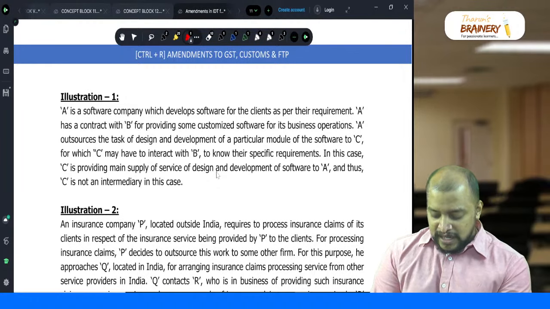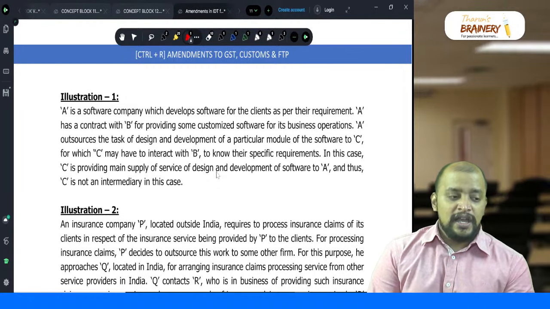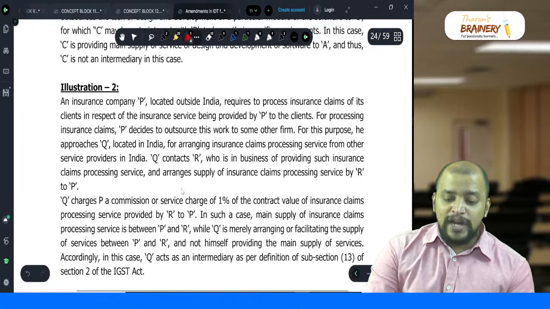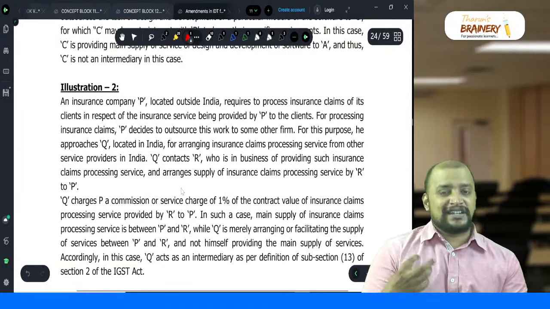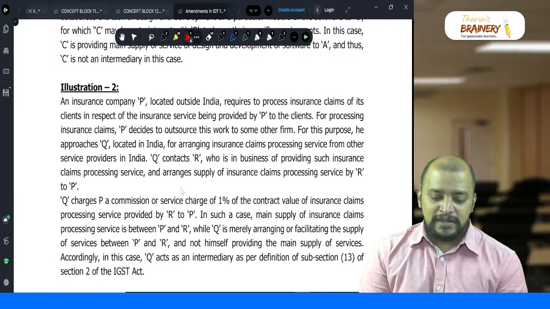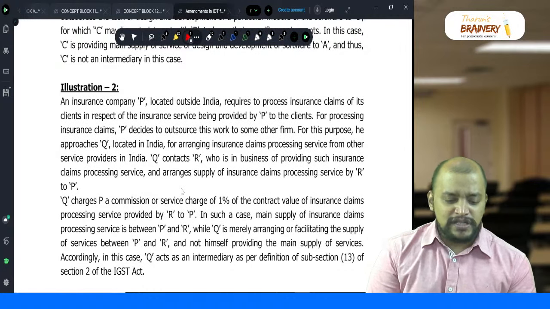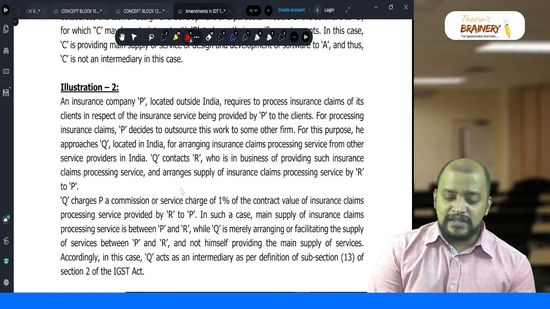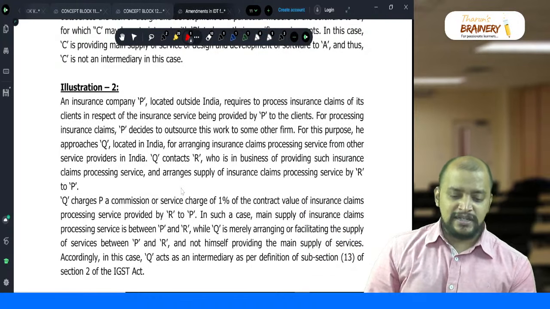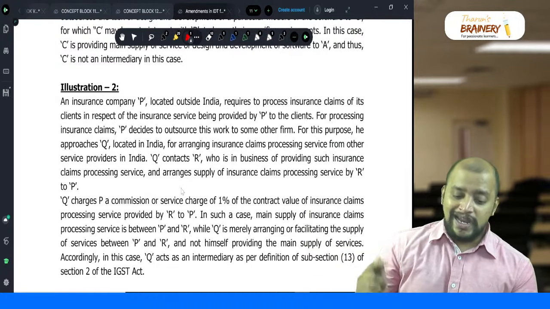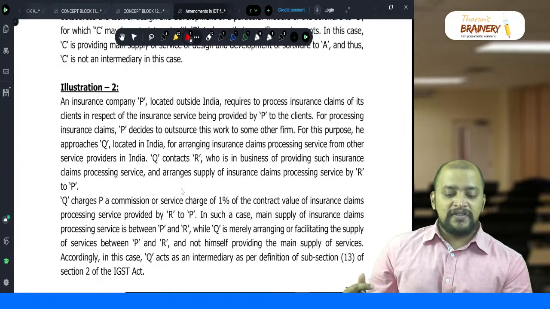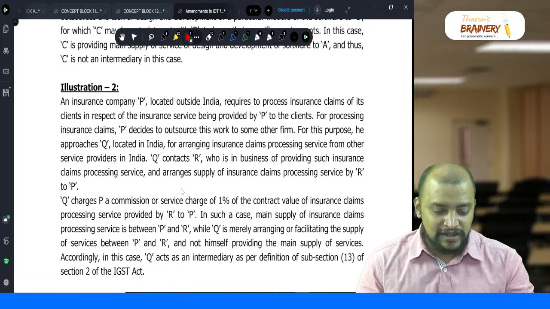Okay. Then illustration 2, you see. An insurance company P, located outside India, requires to process insurance claims of its clients in respect of the insurance service being provided by P to its clients. For processing insurance claims, P decides to outsource this work to some other firm. For this purpose, he approaches Q, located in India, for arranging insurance claim processing service from other service providers in India. See this?